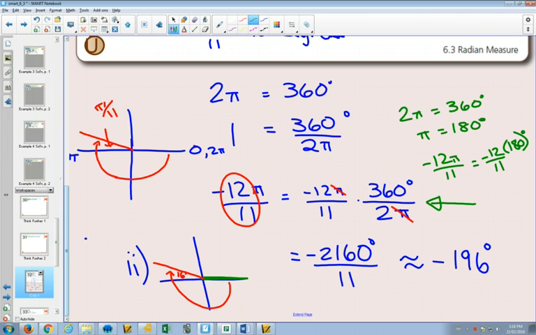What is pi over 6 in degrees? 30 degrees. You see the shortcut? We change the pi to 180 degrees and then divide. Try and think of another one that divides nicely. What's pi over 4 in degrees? 45 degrees.